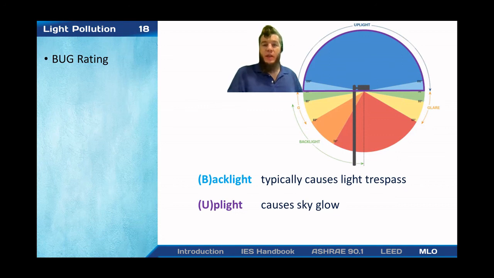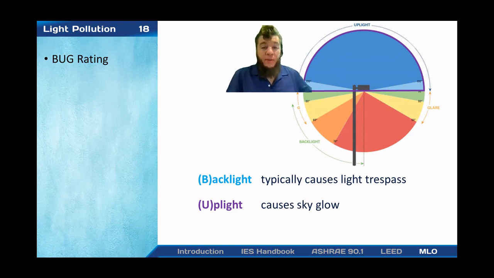What's not included in the BUG rating, which is addressed in the calculation method, is reflected light off the ground. That contributes as well, but not nearly as much as light sources that shine directly up into the sky, like the stadium.